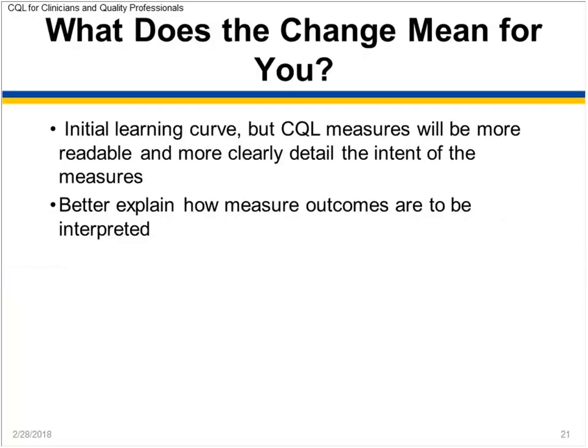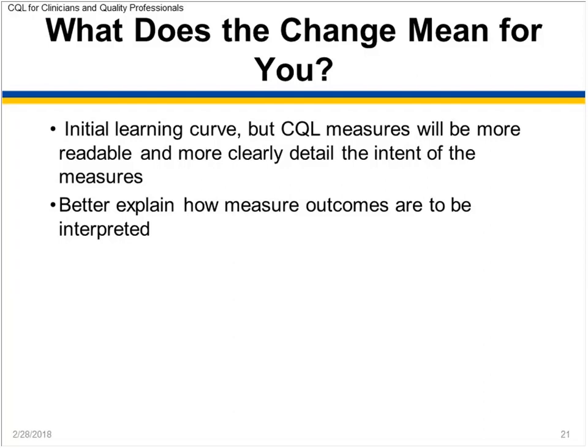So what it means is anytime something's new that you have to read, it does take a bit of a learning curve, but once you start looking at the CQL expressions, they are significantly more readable to a human eye than the previously provided QDM logic statements.